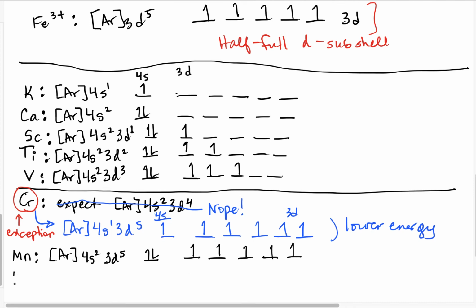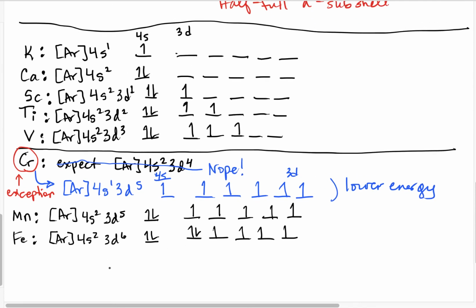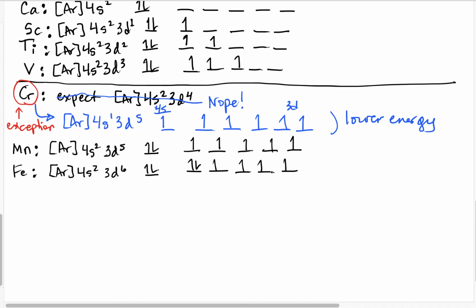So we already did iron, but we'll put it in our list just for completeness. 4s2, 3d6, everything normal. I always put in my spin up electrons before I start pairing them up, just to remind myself that my electrons should be unpaired if possible, and I will only pair them up if I have to. So that's why I do it that way.